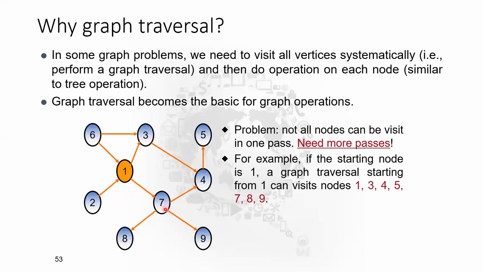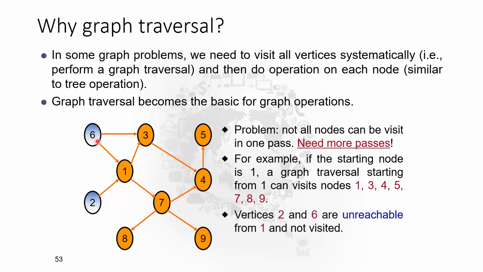Because the arrows shown here are able to point there. But can it go to 6? No, it's not able to go to 6 and 2 either. Why? Because of the arrows. 2 can only go to 1, but 1 cannot go to 2. Same for the rest, because there are no arrows going into them.